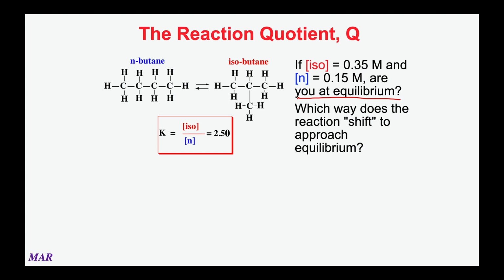We know what the equilibrium constant is, so calculating Q will tell us if we're at equilibrium or not. And more often than not, in these kinds of problems, you're not at equilibrium, and we can use our Q and compare it to K to determine which way the reaction is going to shift. So let's see how this works.